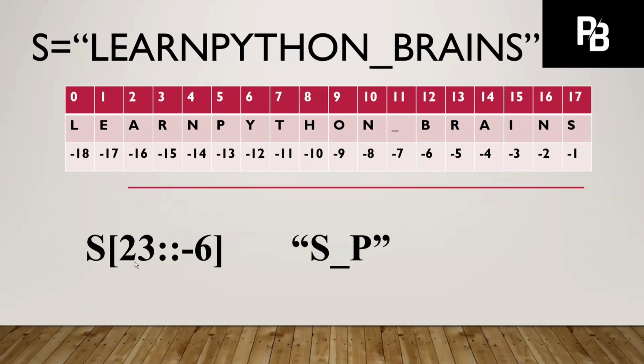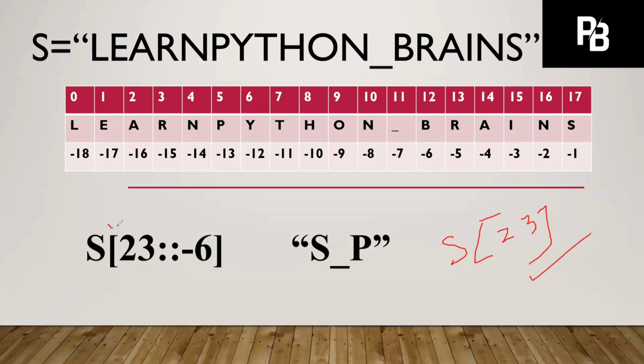Next, we have the starting value 23. And here you can see the ending value is not there. So starting value is 23 and ending value is not there. That means it goes to the length of the string, the end of the string. And the step value is minus 6. Now in this, one part is very important. If you write normally in the string S[23], this will show an out of index error.